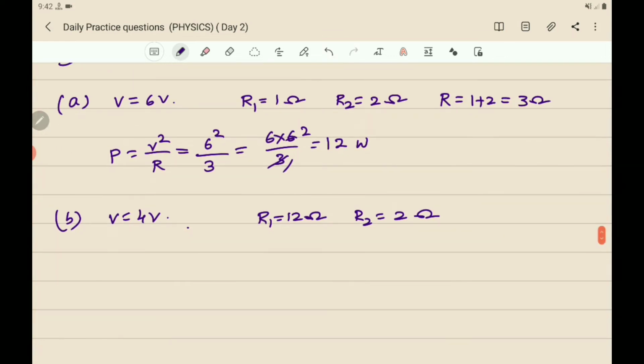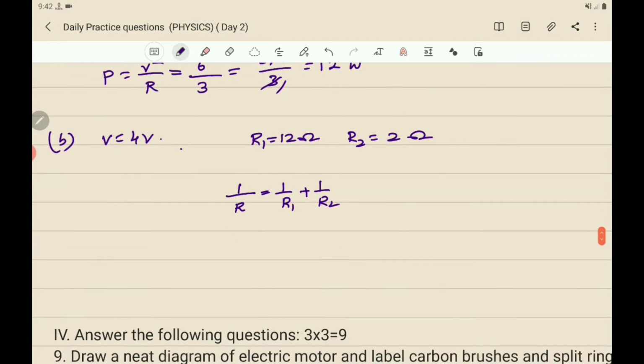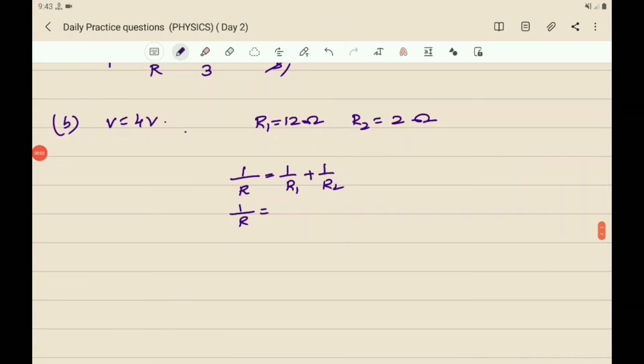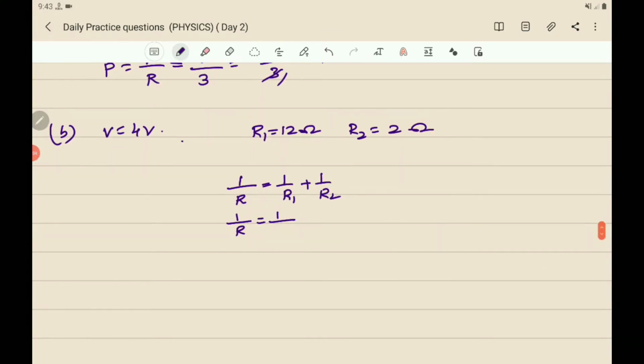Then to get R, as they are in parallel connection, you take the relation 1 by R equals 1 by R1 plus 1 by R2. So 1 by R equals 1 by 12 plus 1 by 2. Now you take the LCM. What is the LCM of 2 and 12?